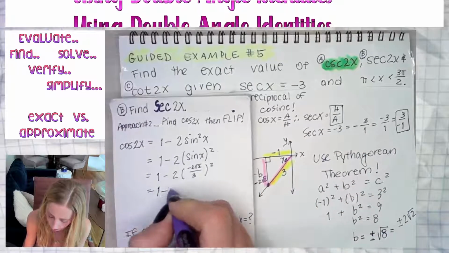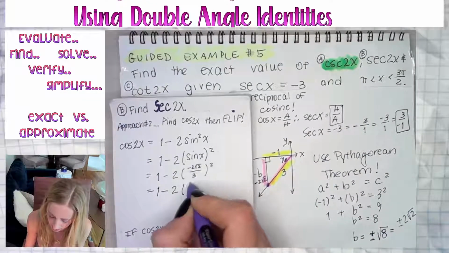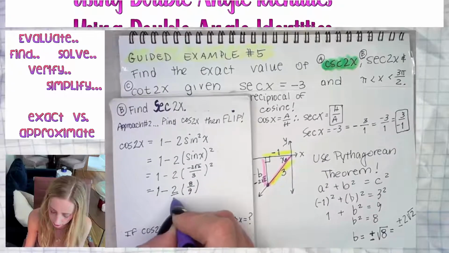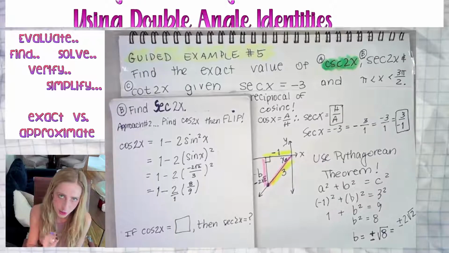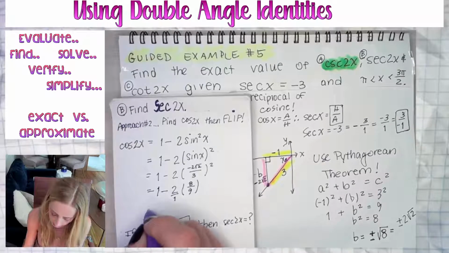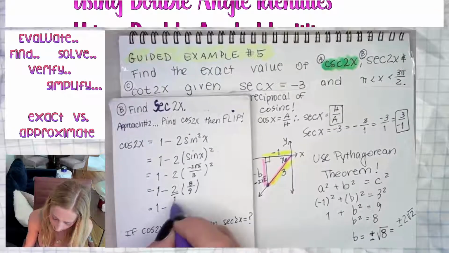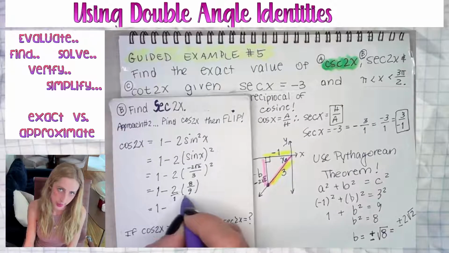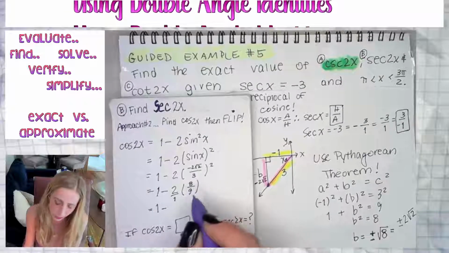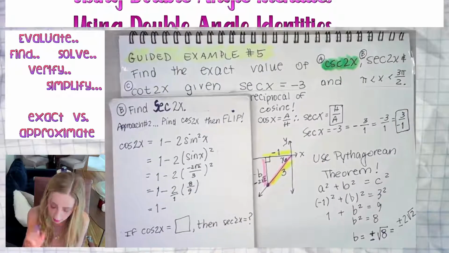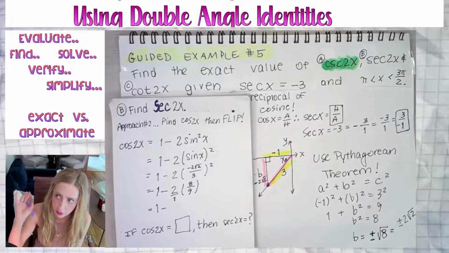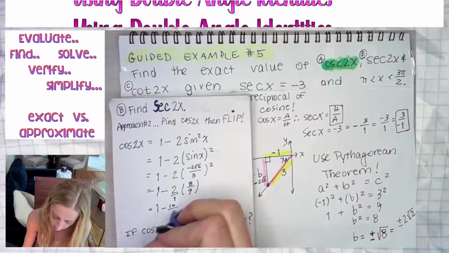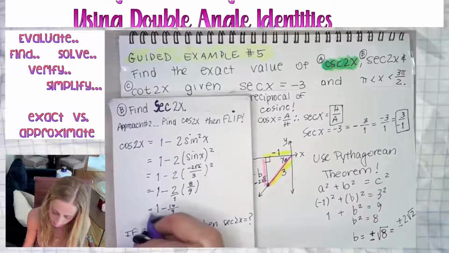So 1 minus 2 times parentheses, the top is 8 over 9. 2 is really 2 over 1, and you don't need a common denominator to multiply. We're going to have 1 minus 2 times 8 over 9, and check if you can reduce. 2 and 9, no. 8 and 1, nothing to do. But check, that's what I mean by PEMDAS being PEDMOS. 2 times 8 is 16, and 1 times 9 is 9.